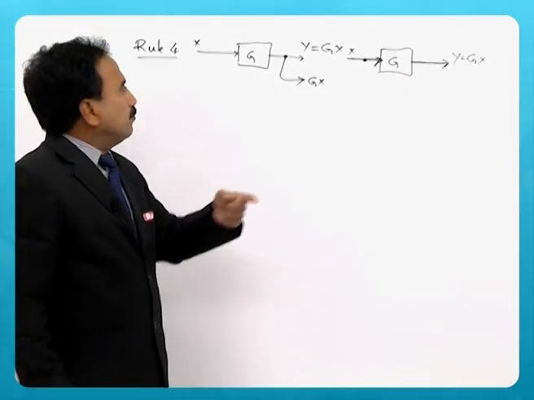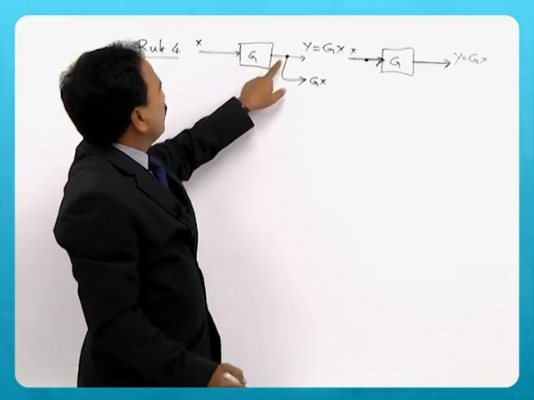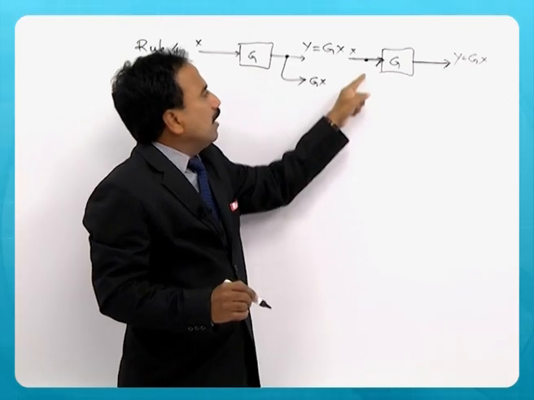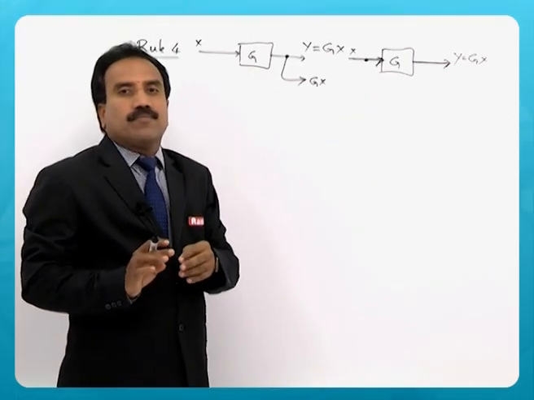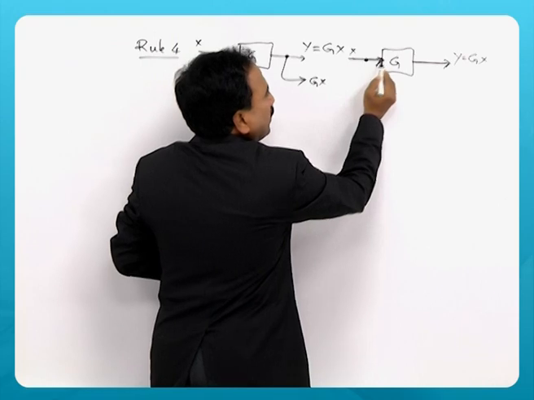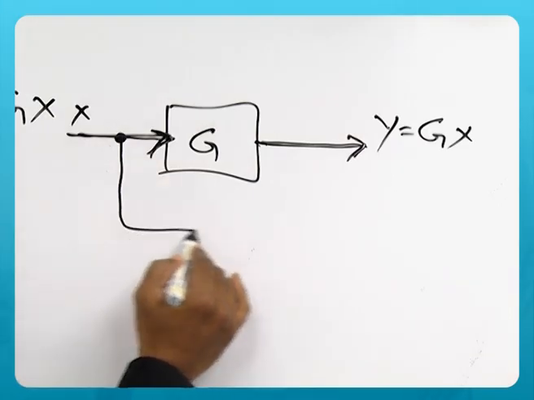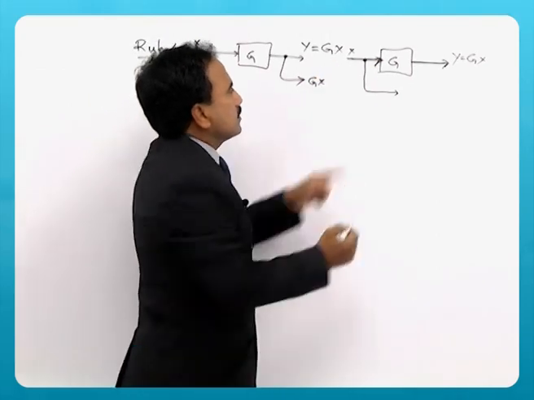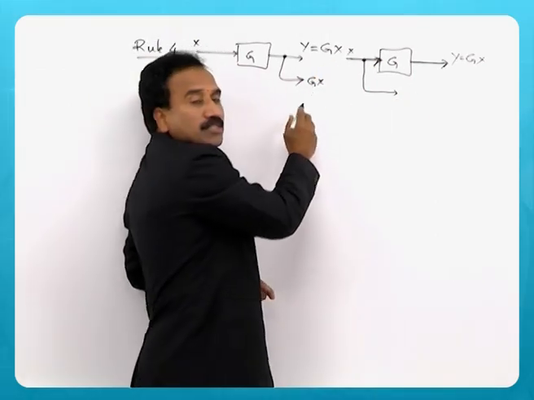I can shift the takeoff point from here to ahead of a block, provided the output should remain the same. But the signal available here is X only. The signal available here is X, but I want to have a Gx.